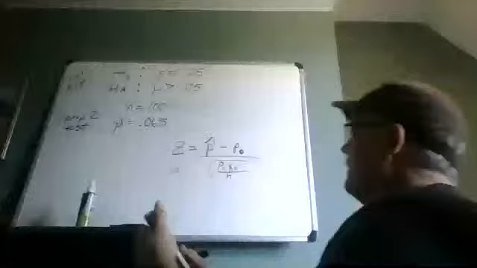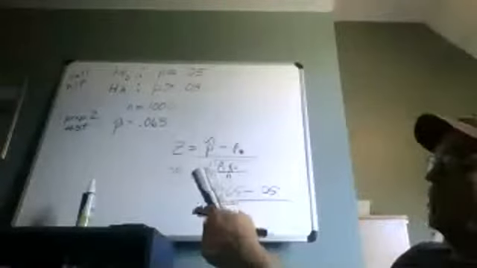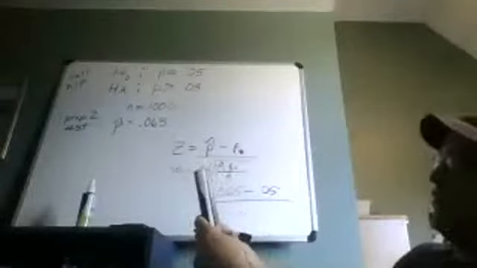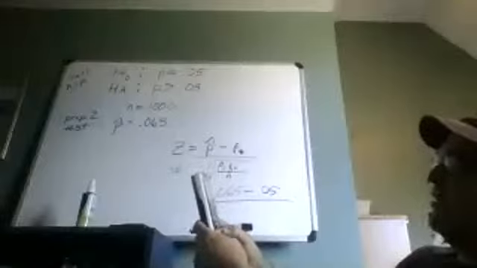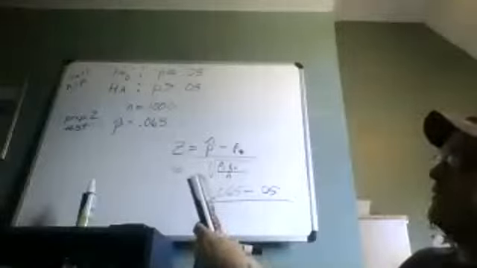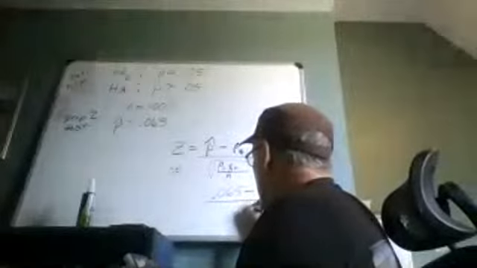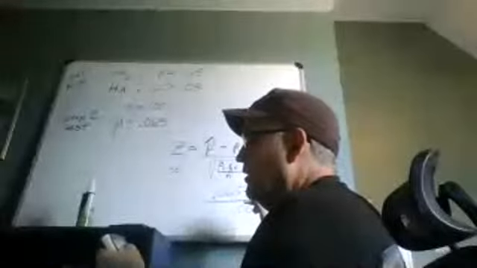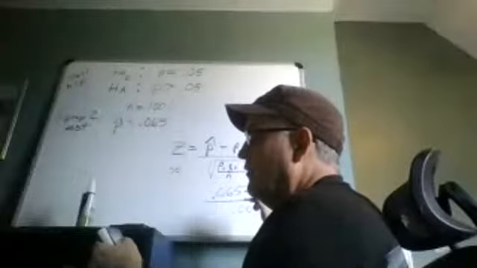So let's do that over again. We're going to do 0.065 minus 0.05, and then we're going to find that standard error again. Square root of 0.05 times 0.95 divided by 1,000. There is something a little bit more to my liking. It's still a very small number, but it's better than with 100,000. We'll call it 0.0069.